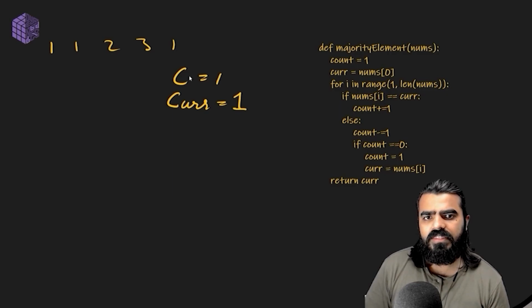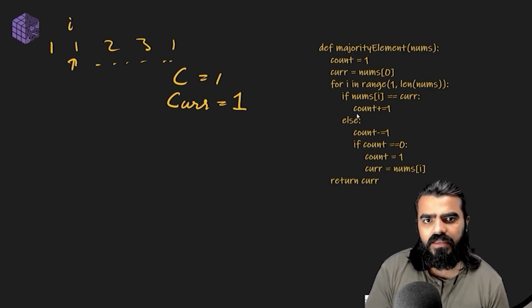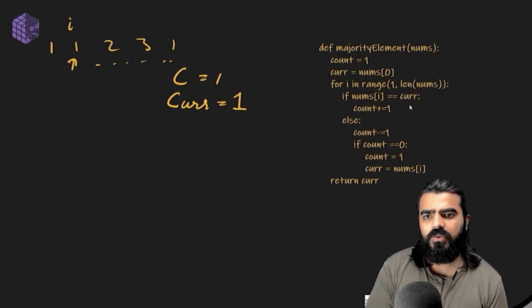So now we say that, in the range of 1 to the last element, so from this value till this whole values, we'll have the indexes in I, right? So we say that if nums I is equal to current, increase the count, so this will become 2.